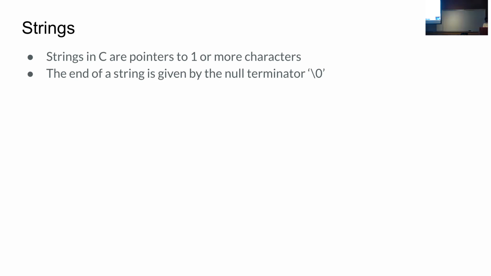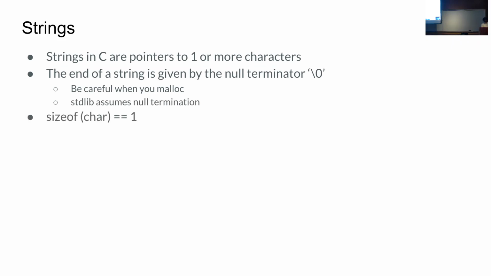So if I have some string like hello, that has 5 characters, but the last character is reserved for the null terminator. So internally, it's represented as 6 characters, right? So be careful when you're using malloc, because it still assumes null termination, right?